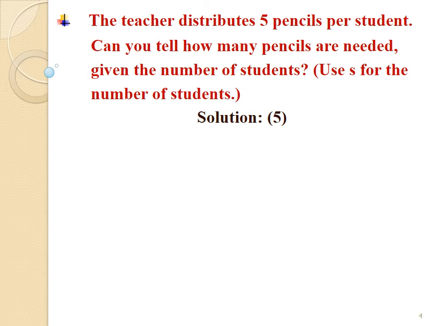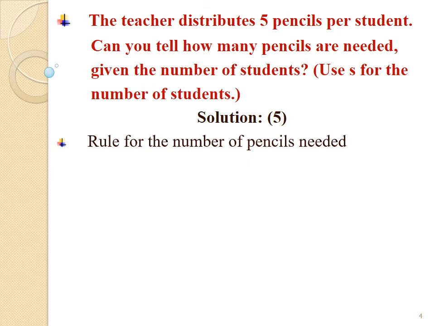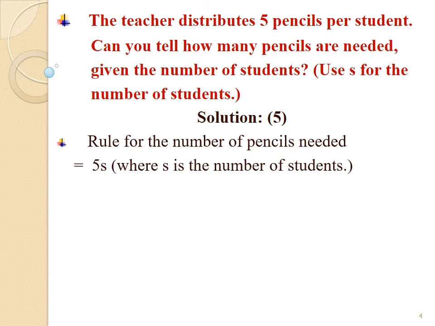If there are S number of students, then number of pencils is equal to 5S. Thus, the rule for the number of pencils needed is equal to 5S, where S is the number of students.